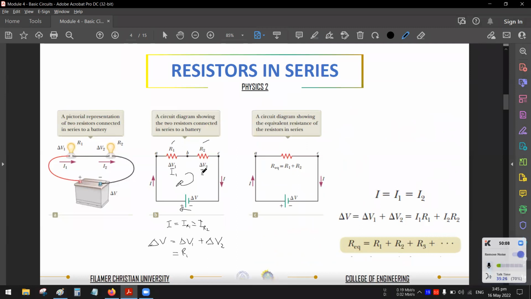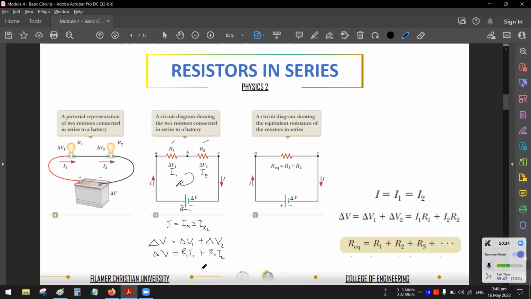So let's say we have current 1 and current 2, but this is just the same current. So you have your R sub 1 times I sub 1 plus your R sub 2 multiplied by your I sub 2. So this is also your change in voltage.